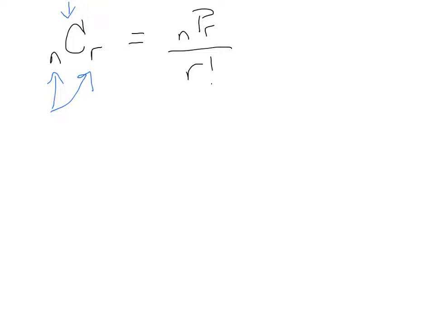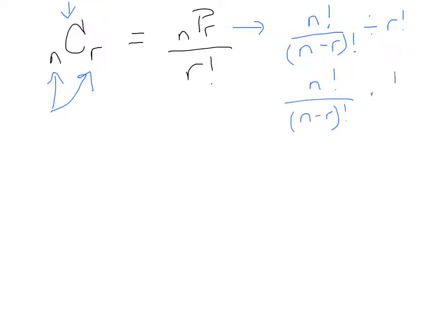Mathematically, how this works out, because we know that n choose r with a permutation is equivalent to the factorial of n over n minus r factorial. But if that's being divided by r factorial, that would be the same as saying this. Dividing by a number is the same as multiplying its reciprocal, 1 over r.